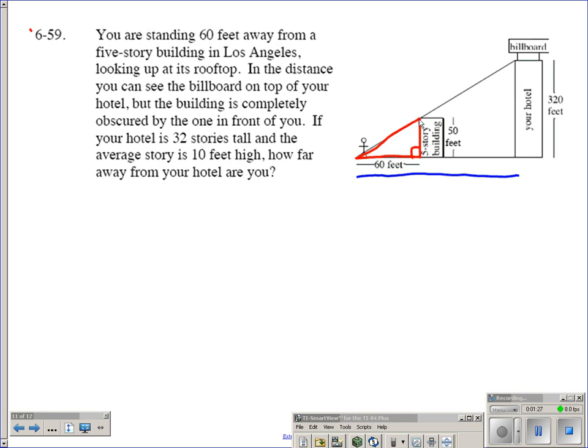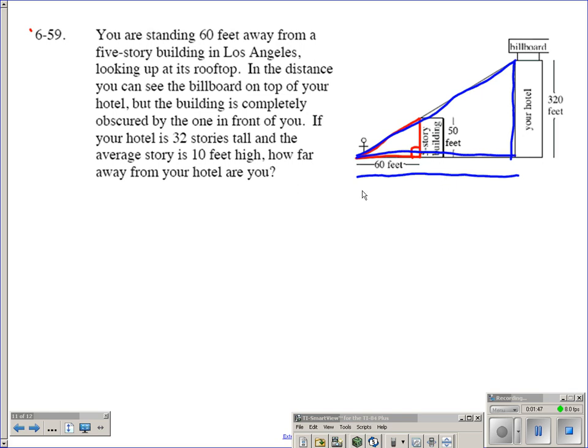So what we're going to end up with here is a pair of overlapping triangles. And we could look at the relationship between the corresponding parts in order to figure out how far away we are.